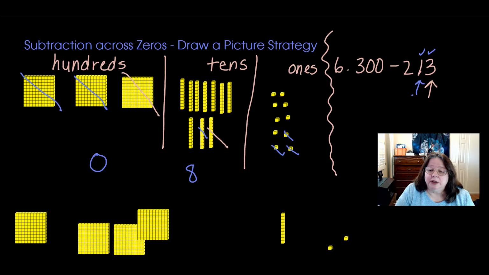And how many ones do we have? 1, 2, 3, 4, 5, 6, 7. 8 tens is the same as 80, right? And 80 plus 7 is 87. So 300, if we take away 213, we're left with 87.